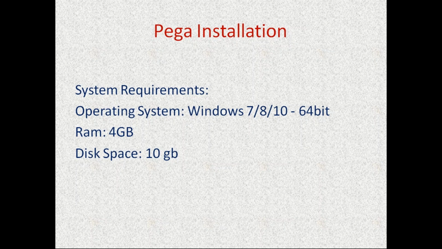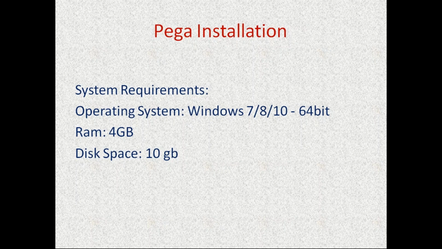Pega software mainly supports a 64-bit OS. Minimum RAM size is 4 GB, and the minimum free disk space is 10 GB in any drive. So these are the basic system requirements for this Pega PRPC setup.